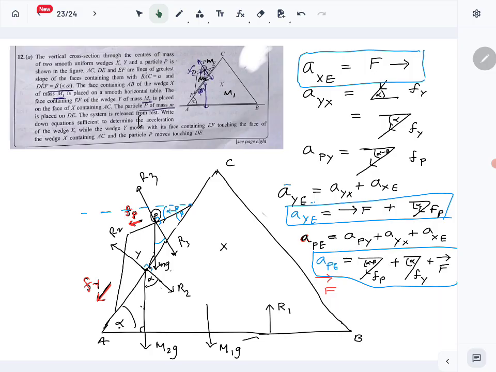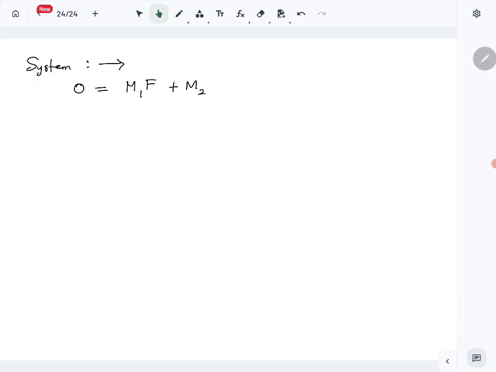Wedge y acceleration is plus F. Then Fp component in that direction, so that is going to be Fp cos alpha in the negative direction. So you have then F minus Fp cos alpha, right? So that is m2.